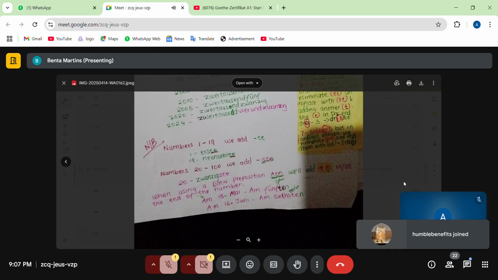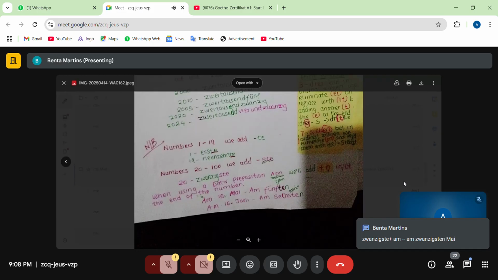Since it's 20 plus STE, it's going to be zwanzigsten, plus N. When writing it, you're just going to write 15 or 20, full stop, Mai.